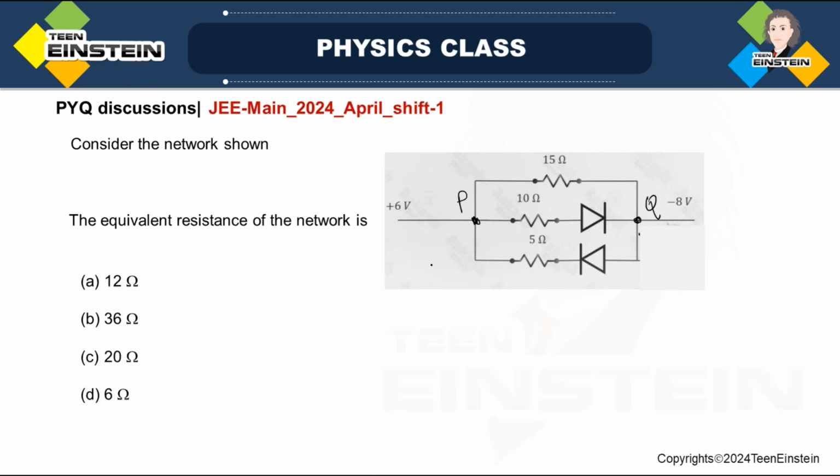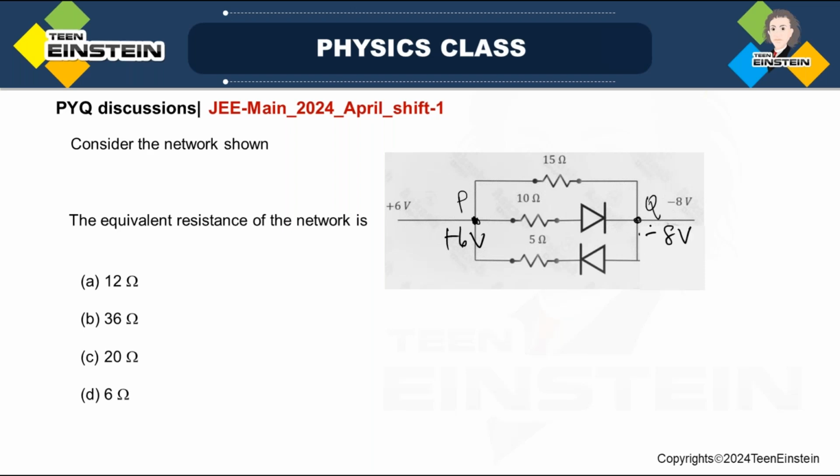The question is asking for the equivalent resistance of the network. To find it, we need to know through which branch the current flows. This point has got positive 6 volt and this has got negative 8 volt.